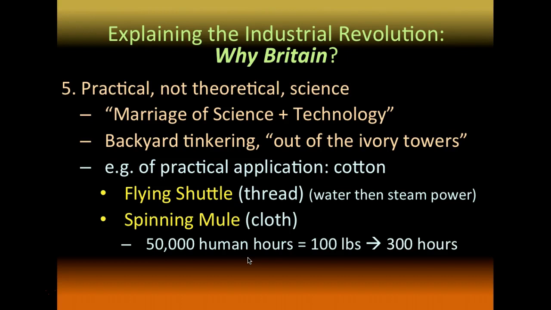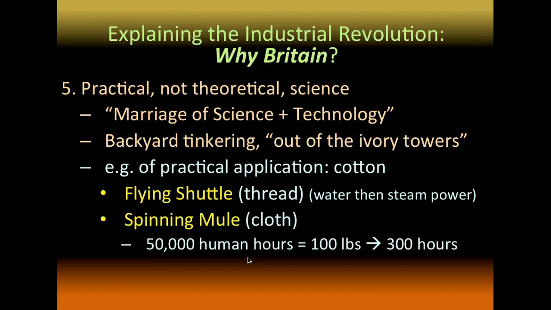A couple of examples of this practical application is cotton. First, the flying shuttle. It turns cotton balls into thread, and it starts out being this machine, which is made out of steel, used first with water power. So the current in a river would be used to move a windmill, which would turn machines.